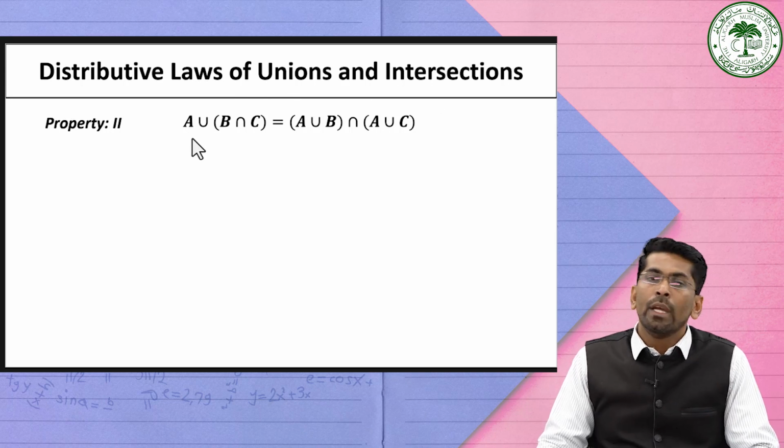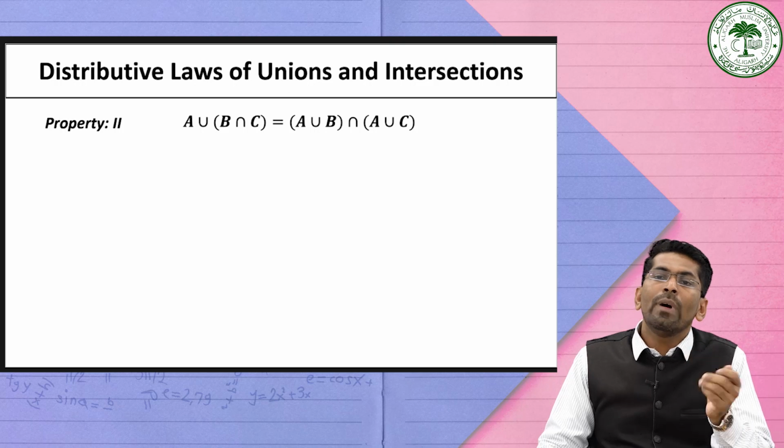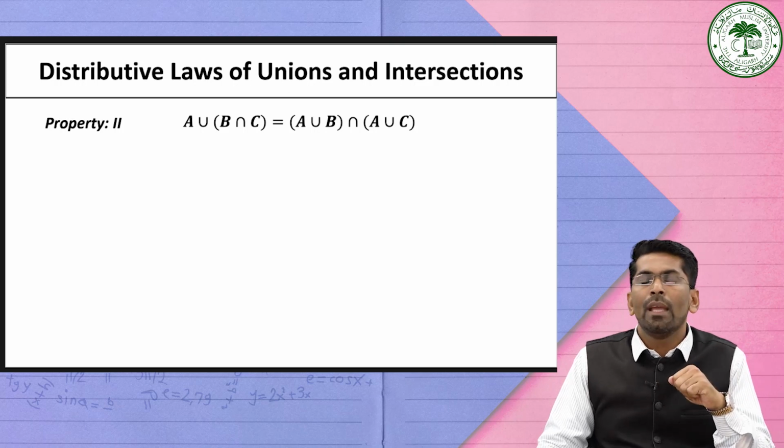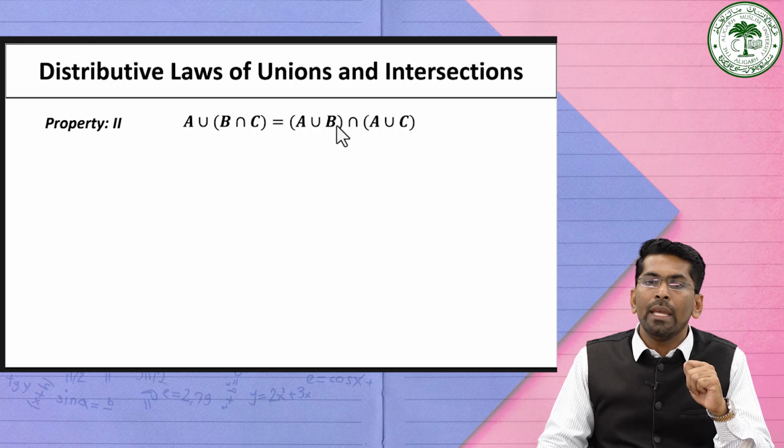A union B intersection C is equal to A union B intersection A union C. This law states the distribution of the union operation over the intersection operation, and it proves that the union of set A with the intersection of B and C is equivalent to the intersection of union A with B and the union A with C.